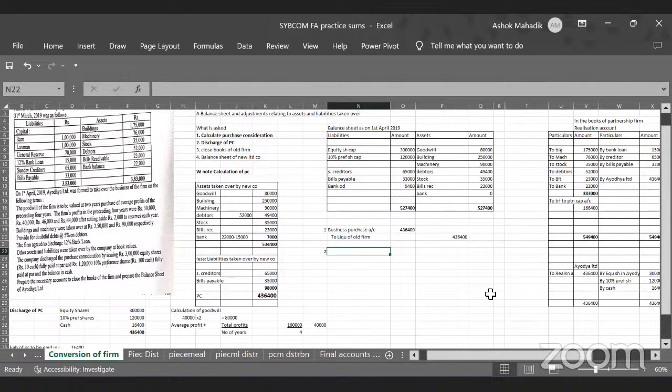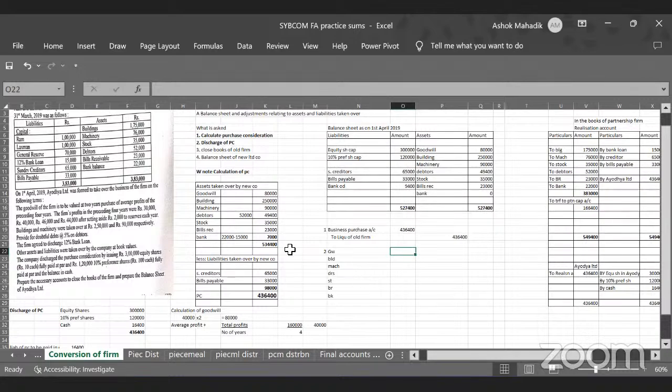So goodwill account, building account, machinery account, debtors account, stock account, bills receivable account, and bank account. All accounts will be debited with the values.